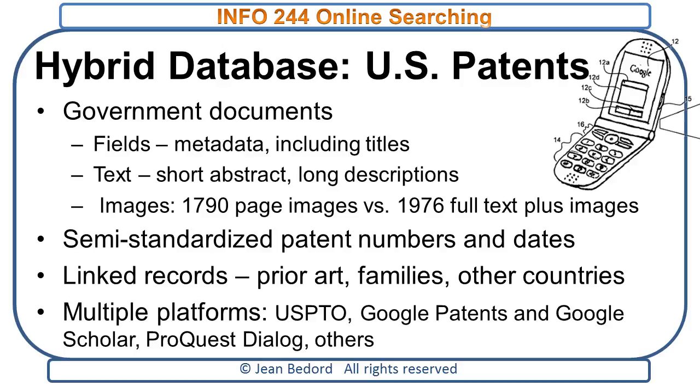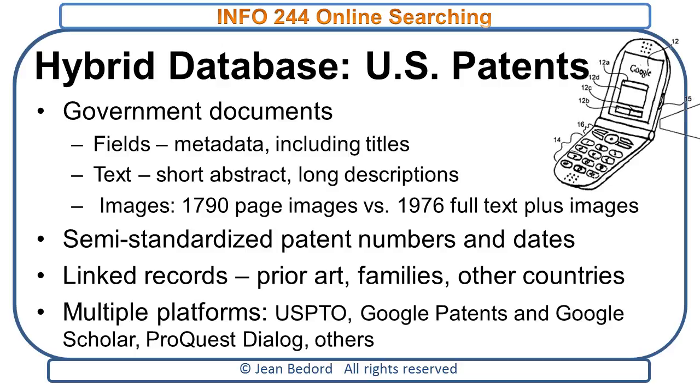There are titles, patent numbers, dates, companies and inventors, as well as classification codes. However, patents also involve long descriptions with wordy claims. Patents also have images, which from a technical standpoint are very difficult to load into a database. They are also challenging to retrieve and display. It's significant that Google has a separate index for images.